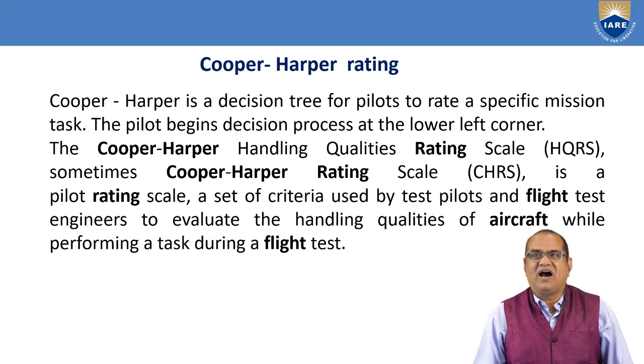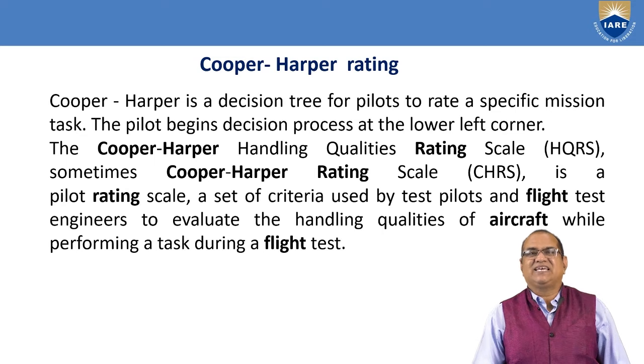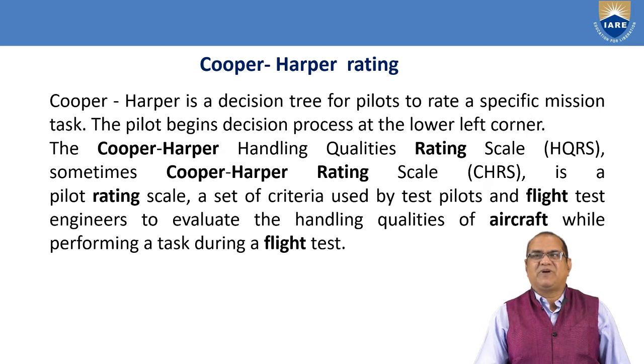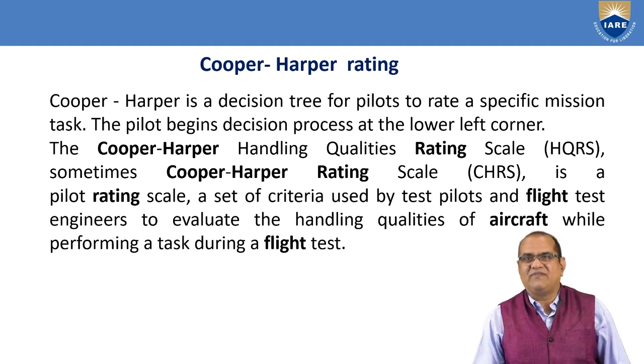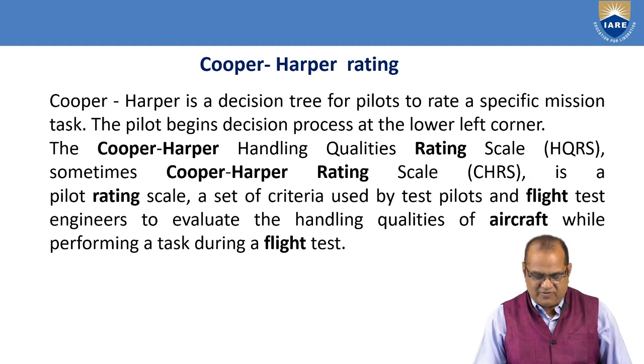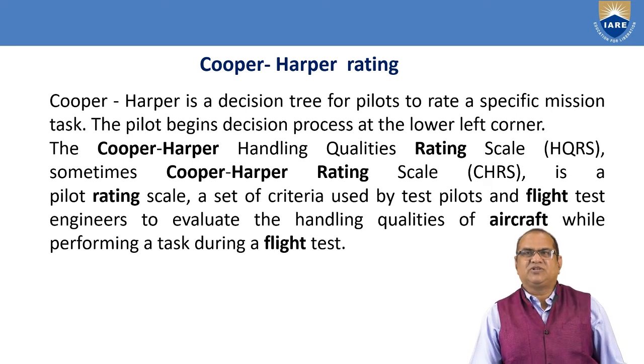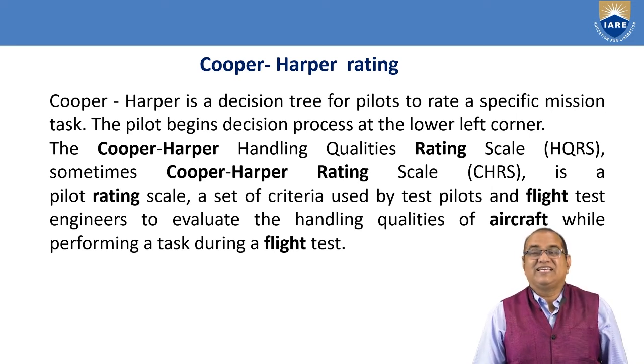Sometimes the Cooper-Harper rating scale is a pilot rating scale, a set of criteria used by test pilots and flight test engineers to evaluate the handling quality of an aircraft while performing a task during flight test. So this Cooper-Harper is a scale.